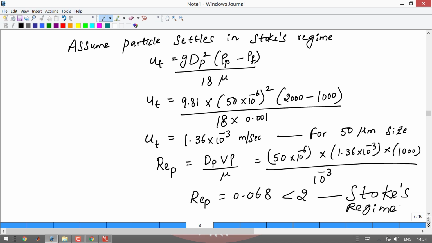So, now in the question we are asked to calculate the maximum water velocity with which we should pump the water so that particles of size greater than 50 should settle down. Particles of size 50 and less than 50 should be carried up with the water.